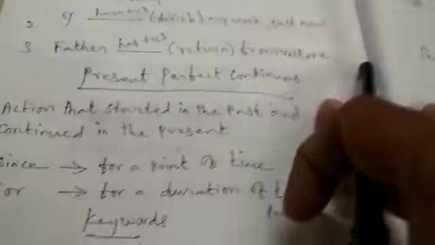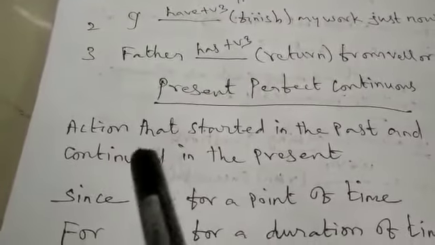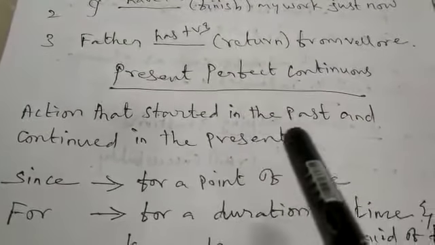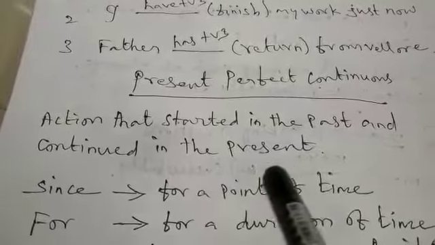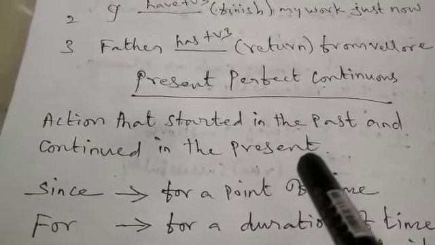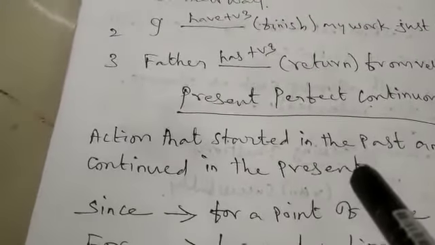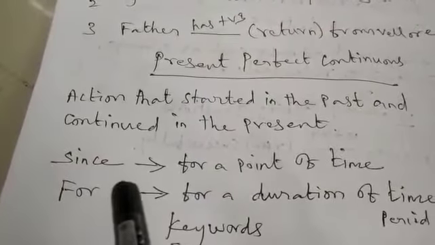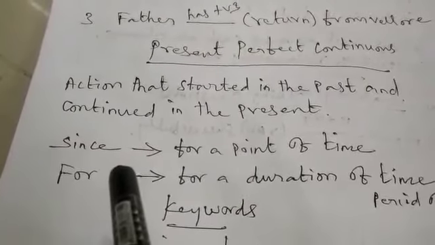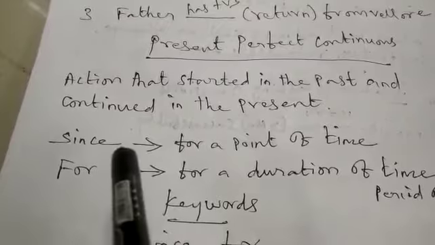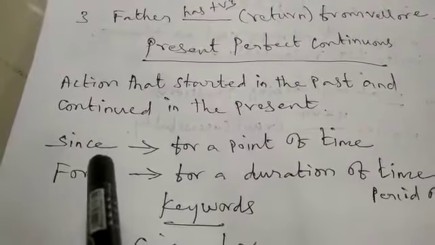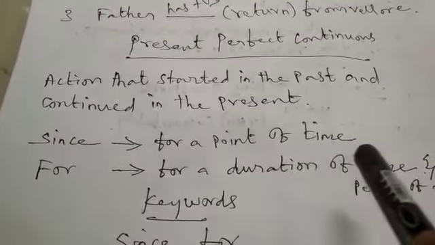Then we go to present perfect continuous. In present perfect continuous, the action started in the past and continued in the present. Here you can find two keywords, since and for. The keyword "since" is used for a point of time.